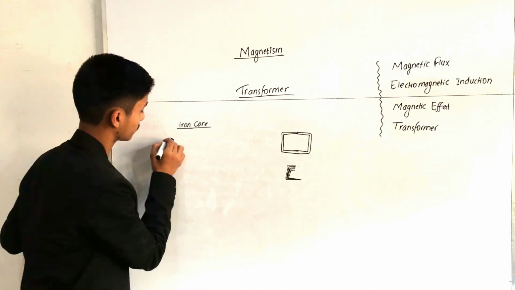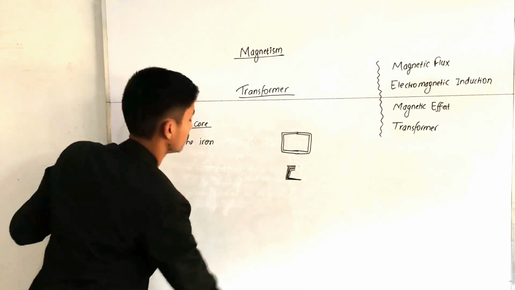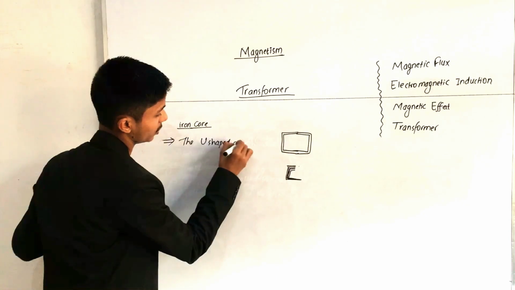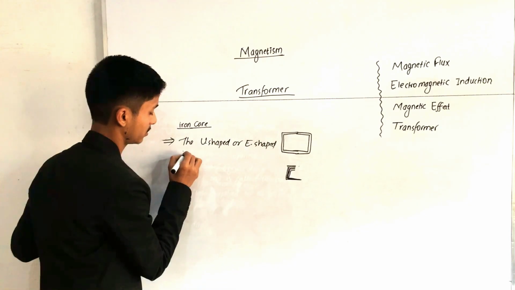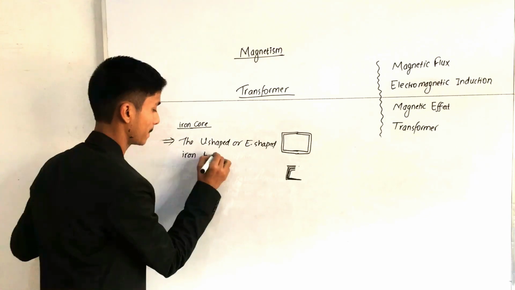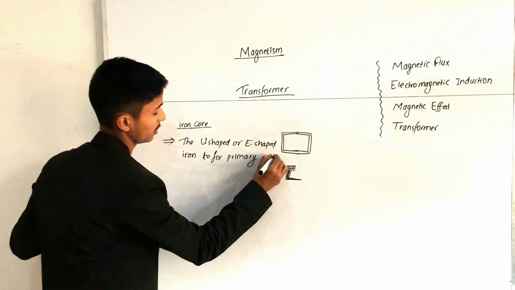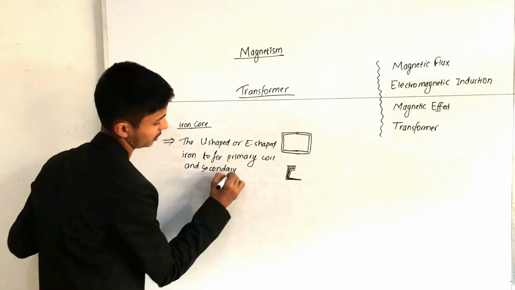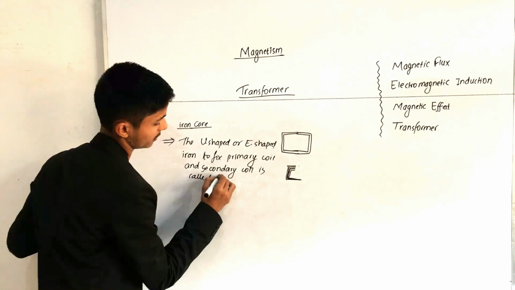So we can define here the E-shaped or U-shaped iron to fix the primary coil and secondary coil is called this iron core.